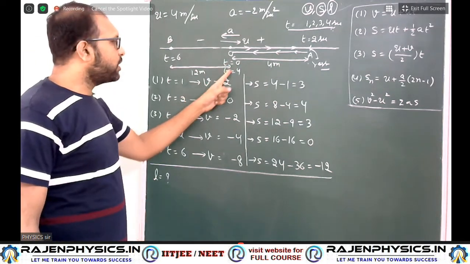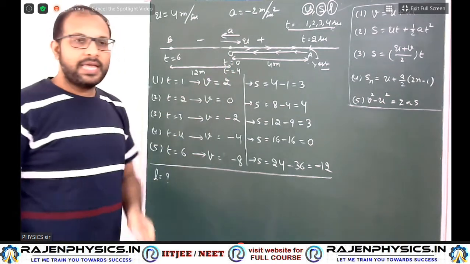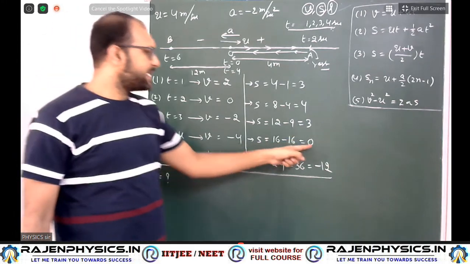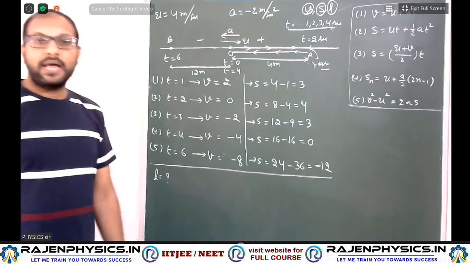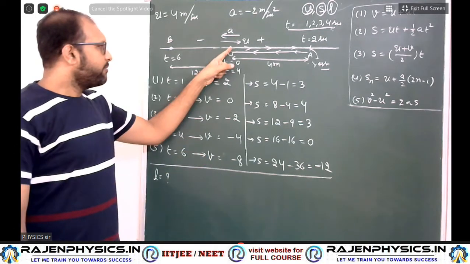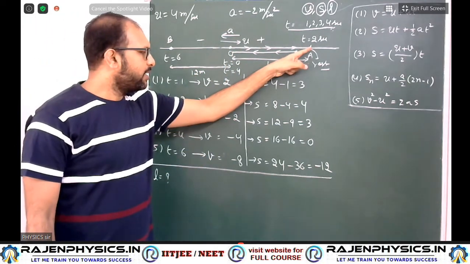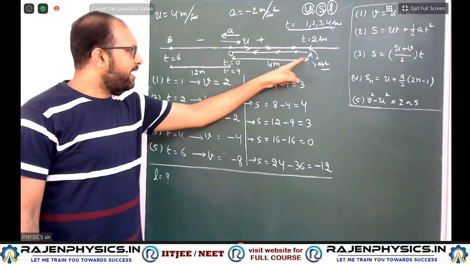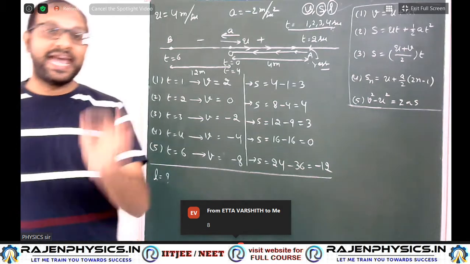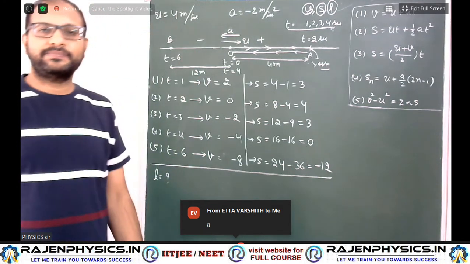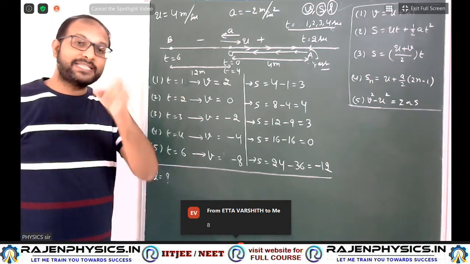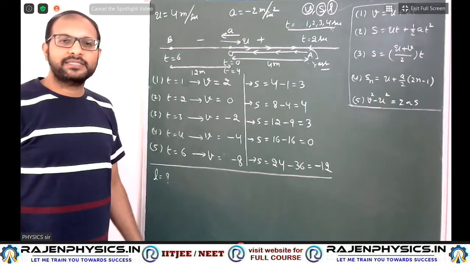Students, t equal to 0 to t equal to 4, displacement is 0. But distance is not 0. Distance, how much? From here to here, 4 meters, and again from here to here, 4 meters. Distance is 8 meters. Displacement is 0, but distance is 8 meters.